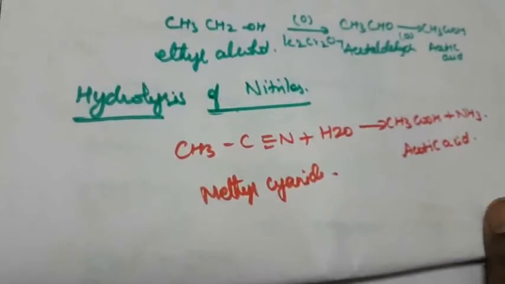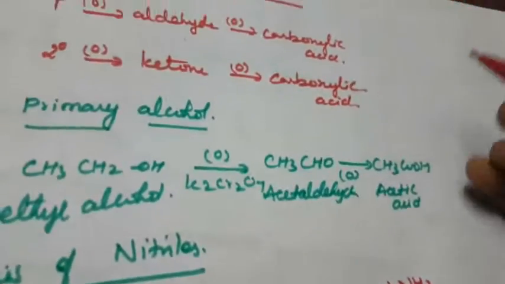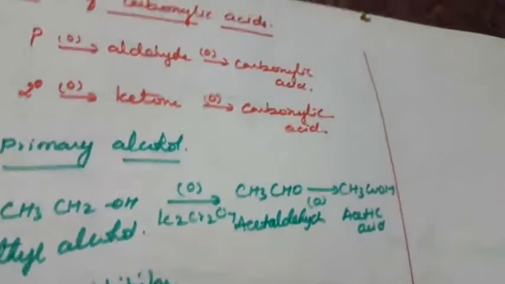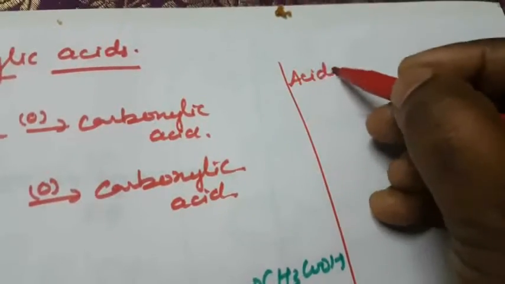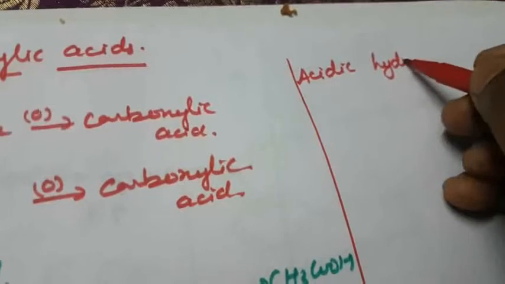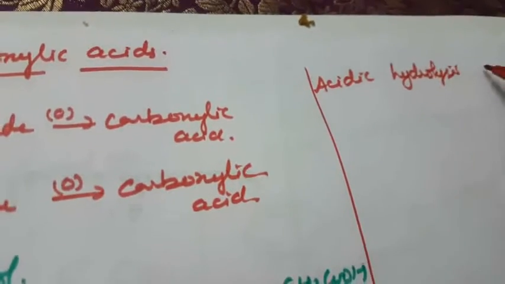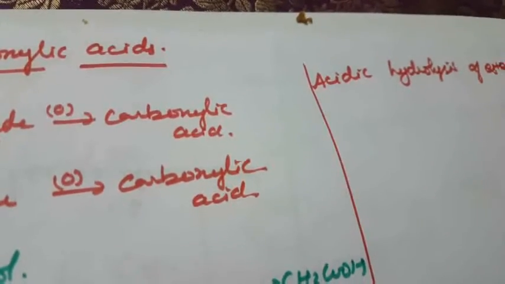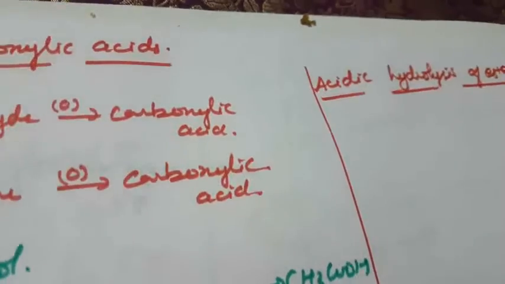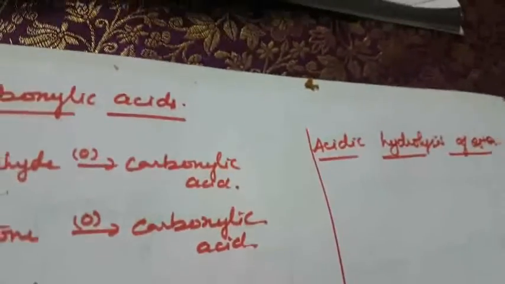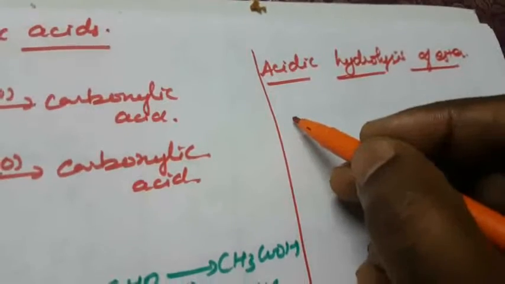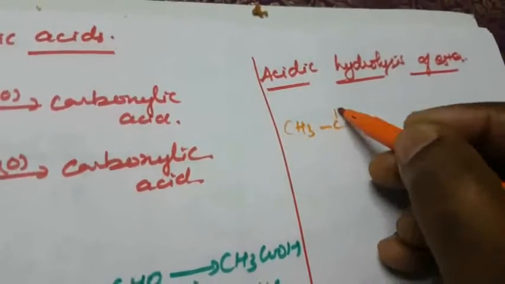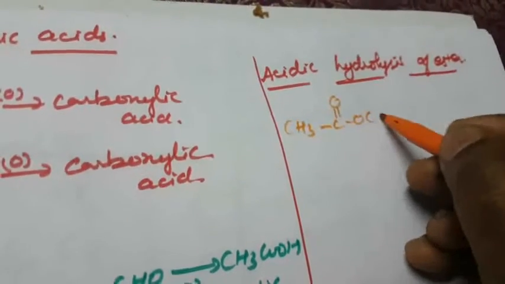Okay, next one is acidic hydrolysis of ester. What is the acidic hydrolysis of an ester? First is ethyl acetate, an ester compound, CH3 C double bond O, OC2H5.